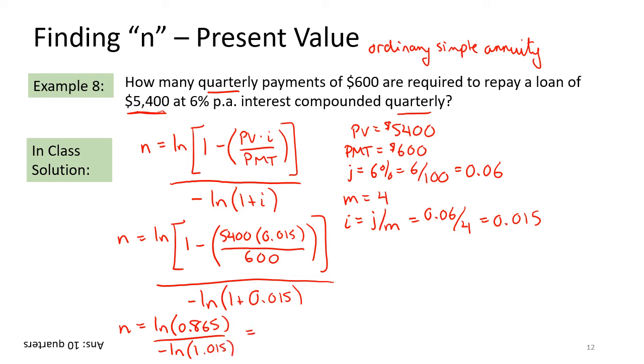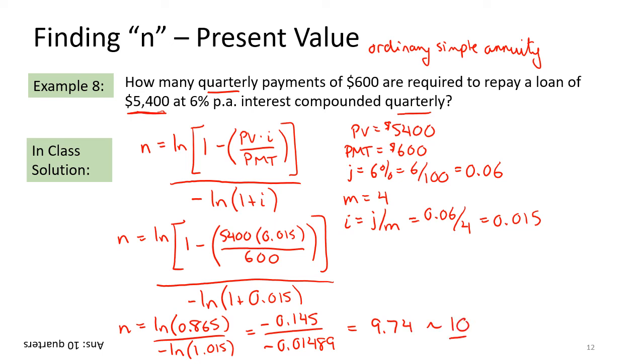So that is actually equal to negative 0.145 divided by the negative of ln 1.015, which is negative 0.01489. So if you calculate that out, you actually get a value of 9.74, which would round to 10.